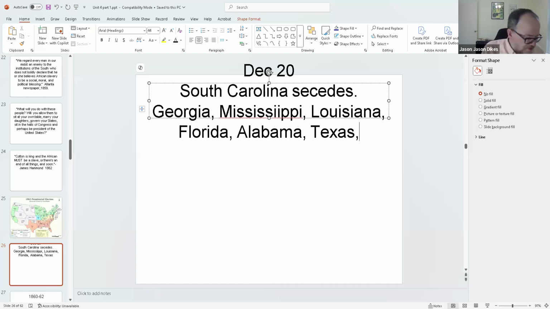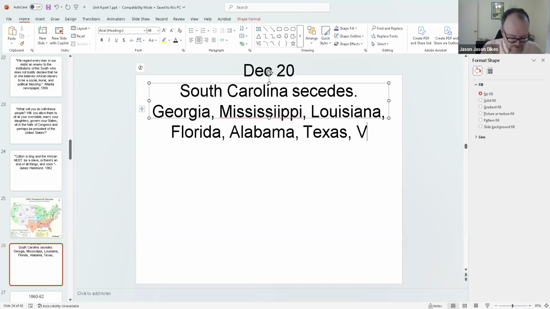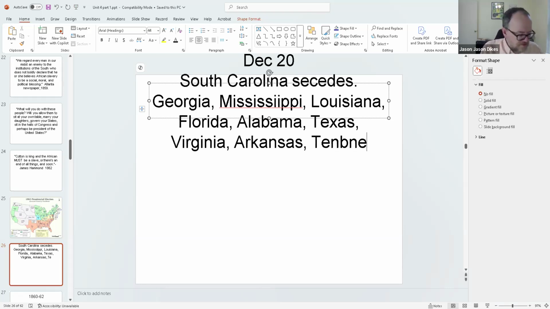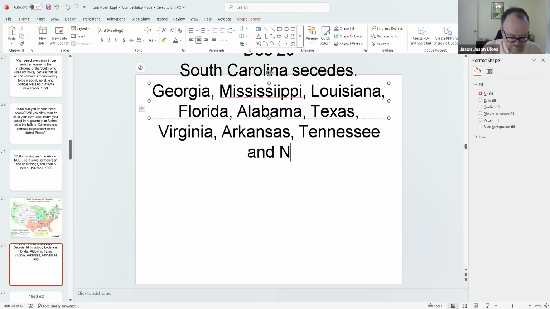Texas will go in February. And finally, Virginia, Arkansas, Tennessee, and finally North Carolina will be the last one to secede.